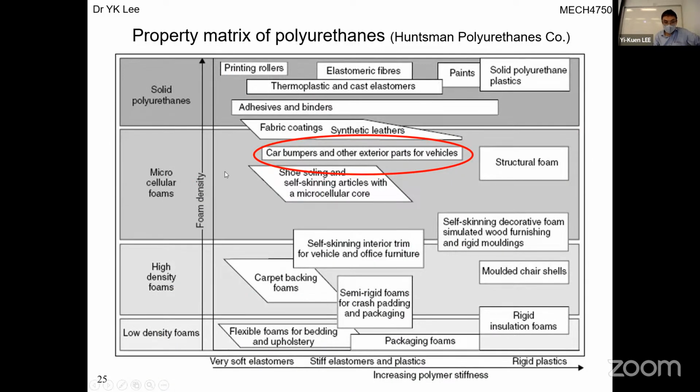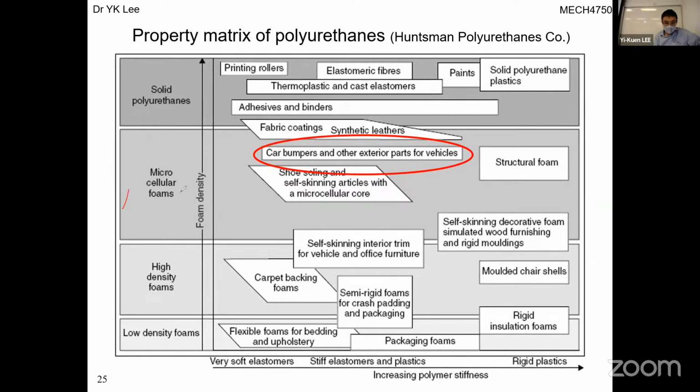And here they show another PU. Why? PU polymer has been widely used in the automotive industry. So this shows you a wide range of PU polymer, from high density microcellular foam to solid PU, and they can be used for different kinds of vibration engineering.